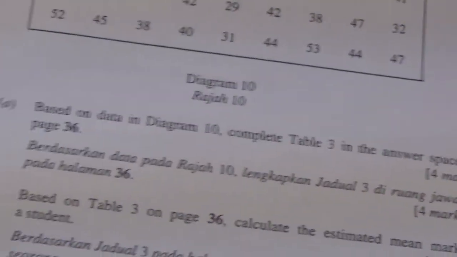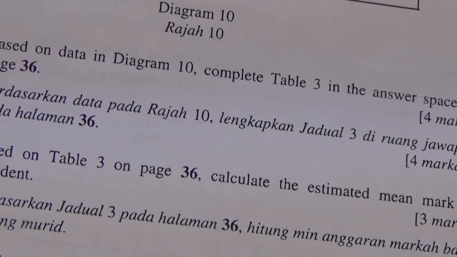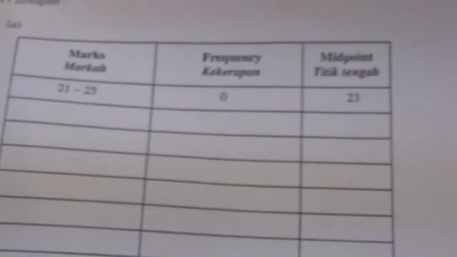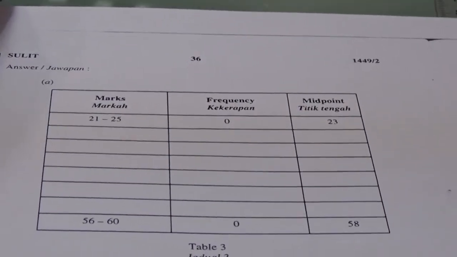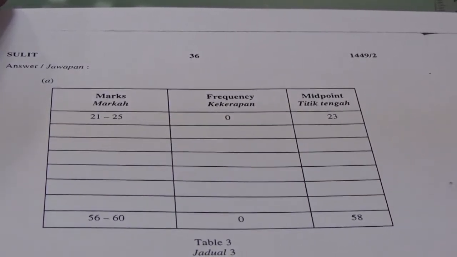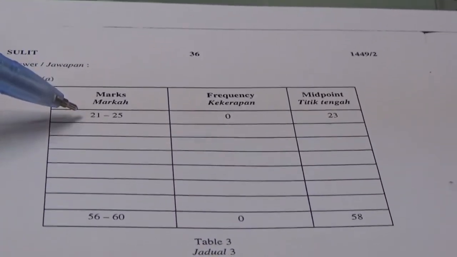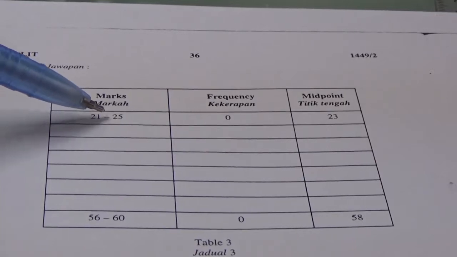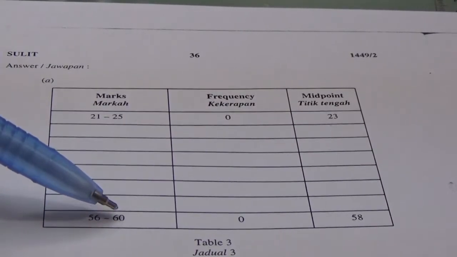Okay, let's start with question 14A. Complete the table on page 36. So this is your table given on page 36, and you are required to complete the frequency table. They have given you the first class as 21 to 25 and the last class from 56 to 60.